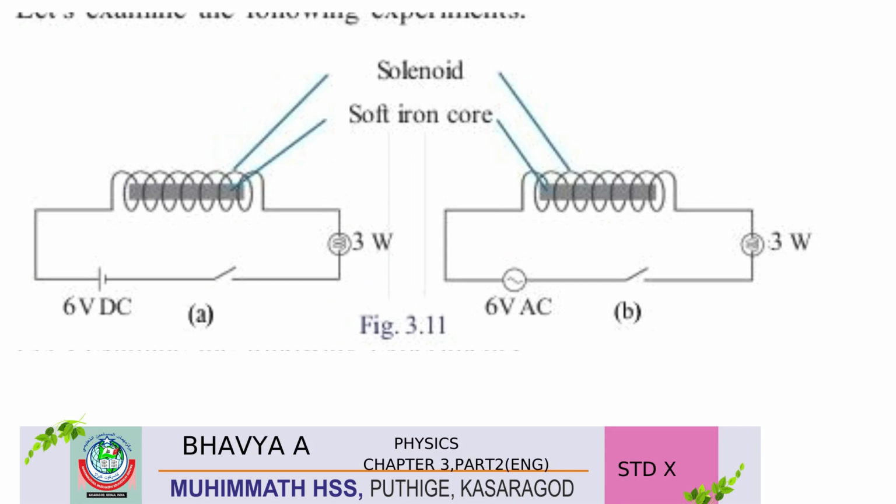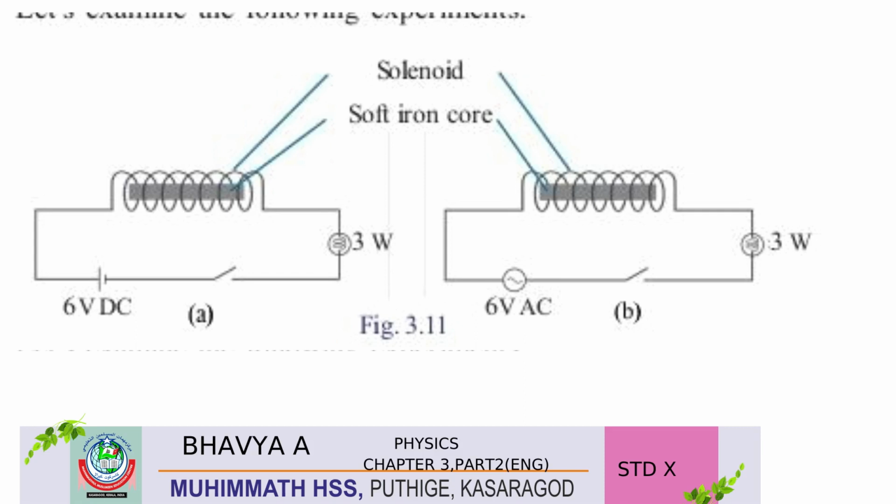When current is passed through both circuits, which circuit will glow with less intensity? Circuit B glows with less intensity. Why? In circuit A we applied 6 volt DC, and in circuit B we applied 6 volt AC, no? The one with AC glows with less intensity because it produces a back EMF.